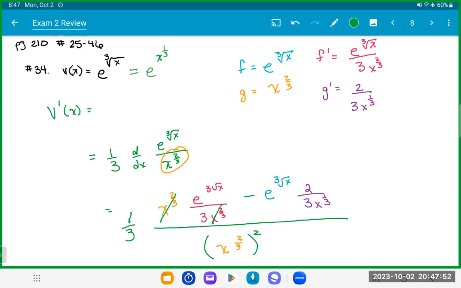If I take the initial derivative of this first one, let's do orange here. We have our f equal to x to the 1/3, and our f prime is equal to 1/3 t to the negative 2/3. If we took the derivative just of this first portion here, this would give me 1/3 t to the negative 2/3 e to the t to the 1/3.